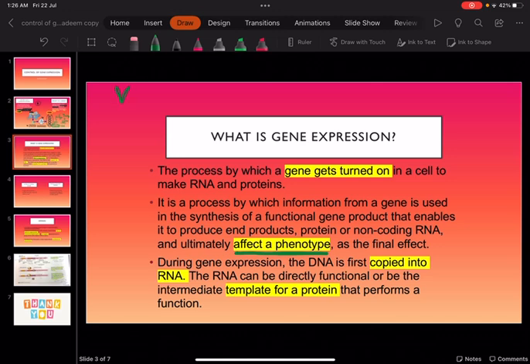From the chromosomes or from the gene, it is encoded into mRNA, and this process is called transcription. And then from the mRNA, it is converted into the tRNA, or the process of formation of proteins.